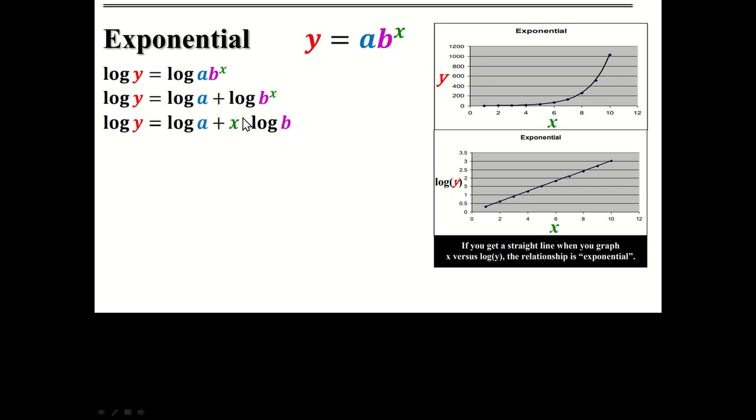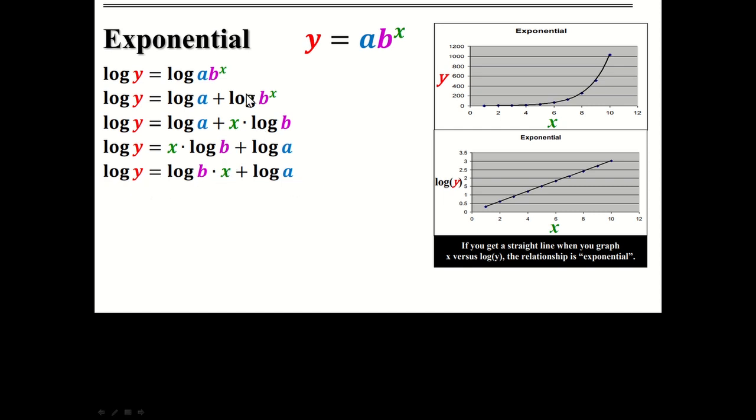This is an exponent that we can drop down in front. Addition can be done in any order. This plus this is the same thing as this plus that. And then another step we're going to do is multiplication can be done in any order. This times that is the same thing as this times that.